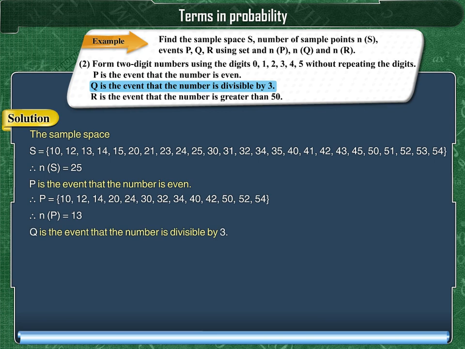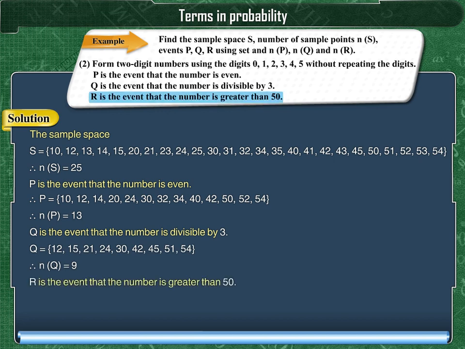Q is the event that the number is divisible by 3. The numbers divisible by 3 from the sample space are 12, 15, 21, 24, 30, 42, 45, 51 and 54. We write set Q as shown here. Therefore, n(Q) is 9.